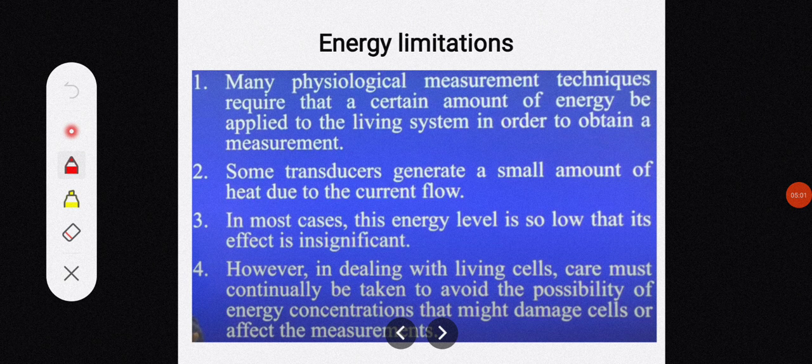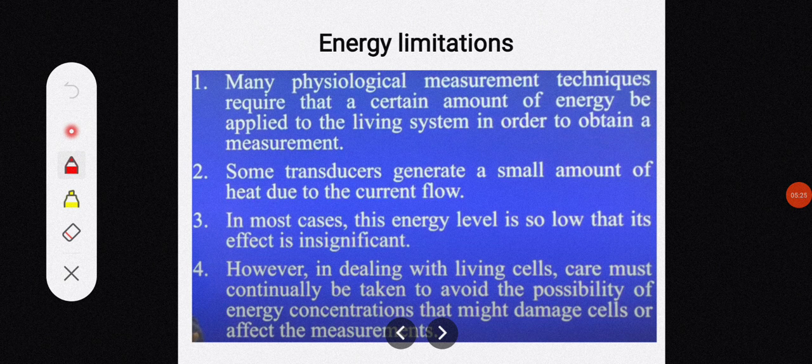Many transducers or measuring devices require a certain amount of energy, and in the case of the human body, that energy has to be applied to the living system.